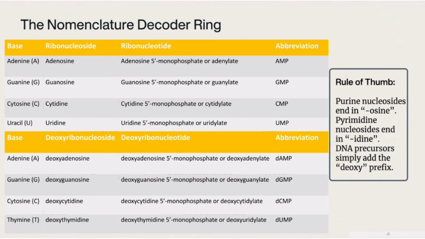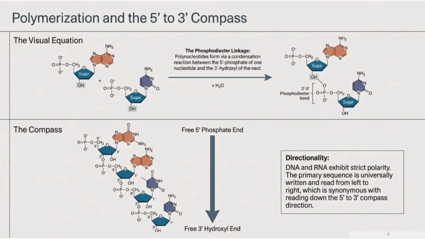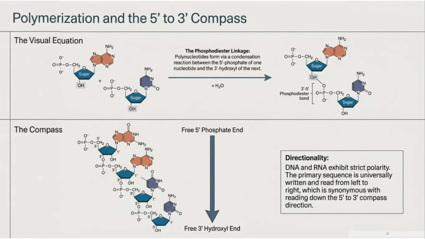To form a polymer of nucleotides, or a polynucleotide, phosphodiester bonds are formed. And it is these phosphodiester bonds that link the nucleotides together to form a polynucleotide via a condensation reaction between the 5' phosphate of one nucleotide and the 3' hydroxyl group of the next. So let's take a look.